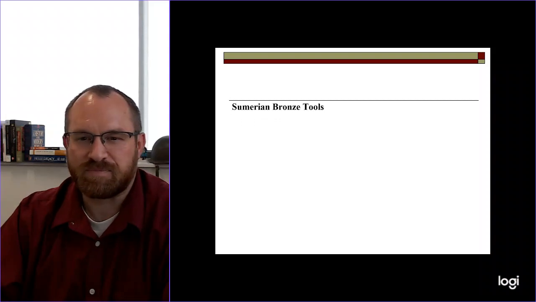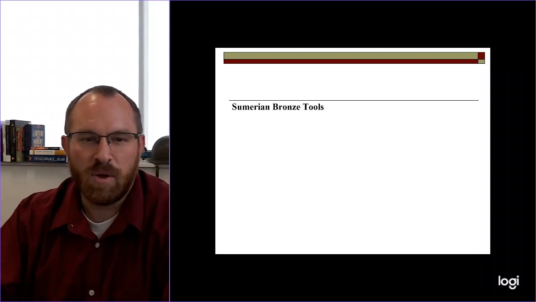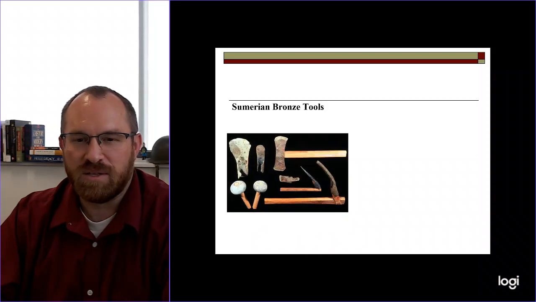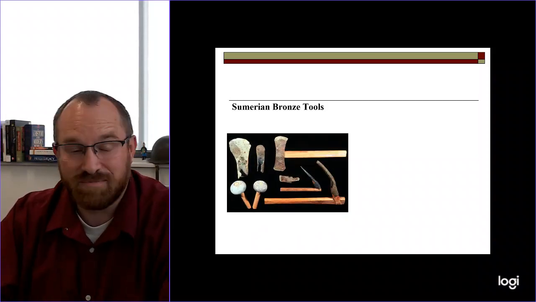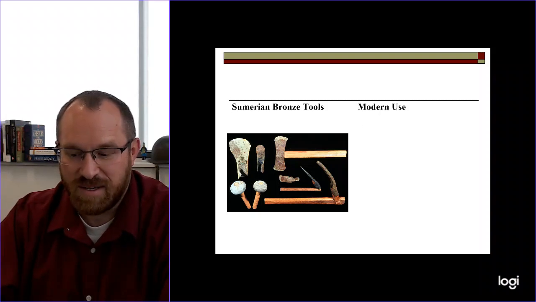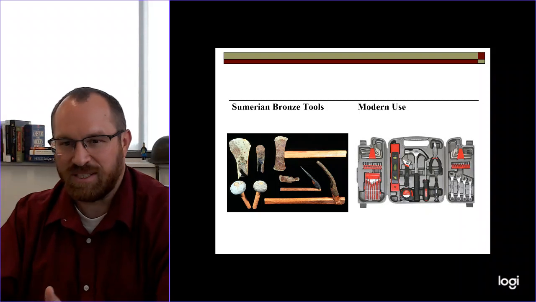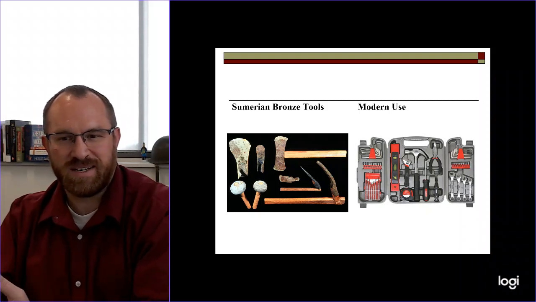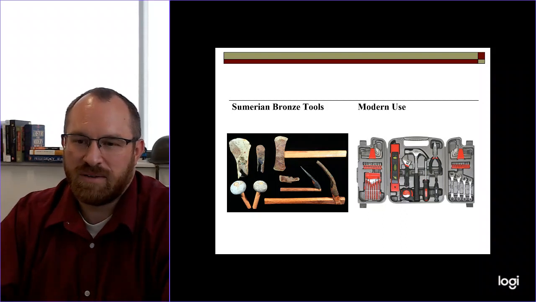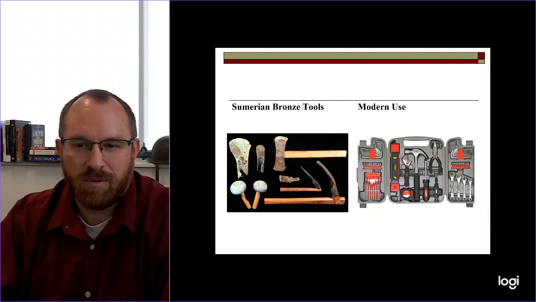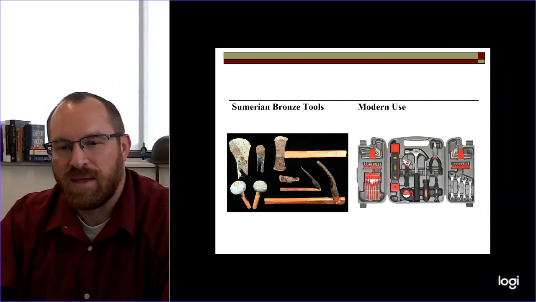Now, the last thing, bronze tools. This again is something that hasn't changed, well, what we make it out of is a lot better than bronze, but effectively a tool set is a tool set. Yeah, we have better tools, we have more tools made, we have tools that fit certain situations that we've created for us, like Allen wrenches and things like that.